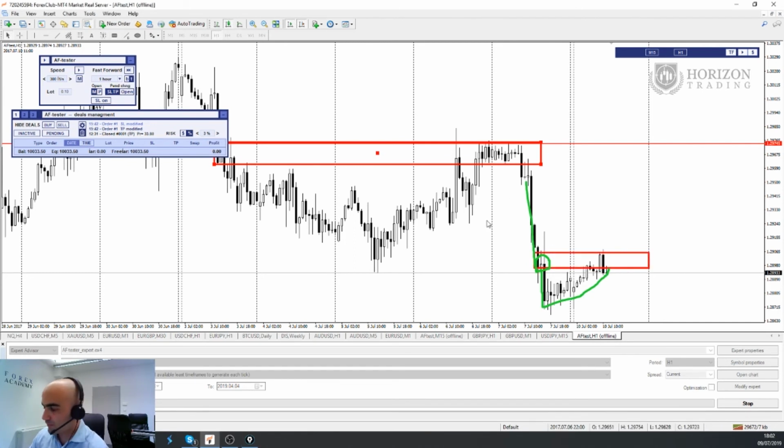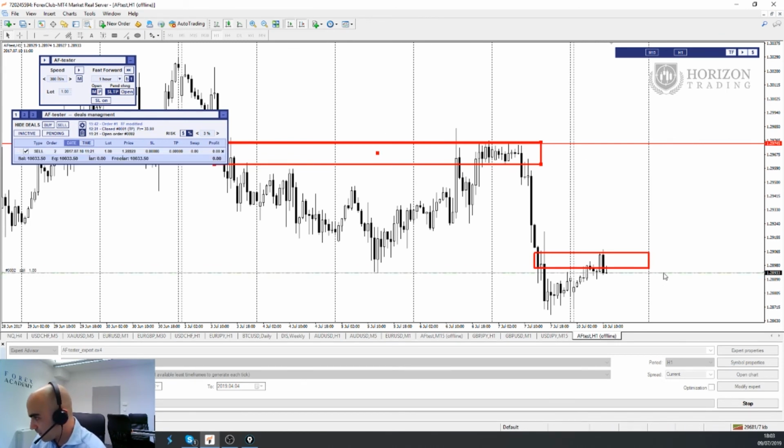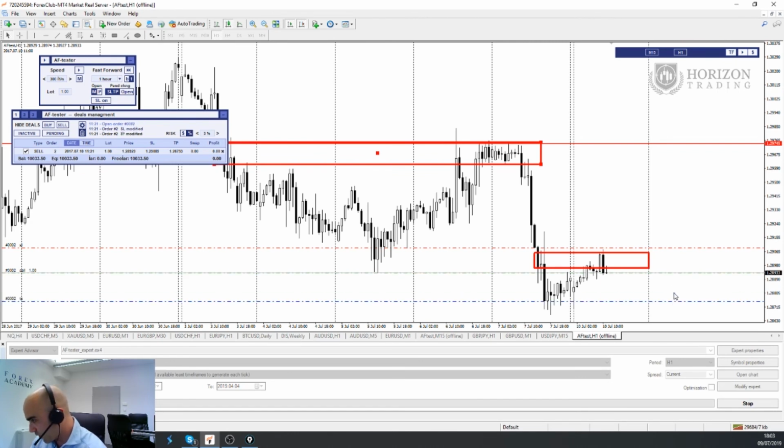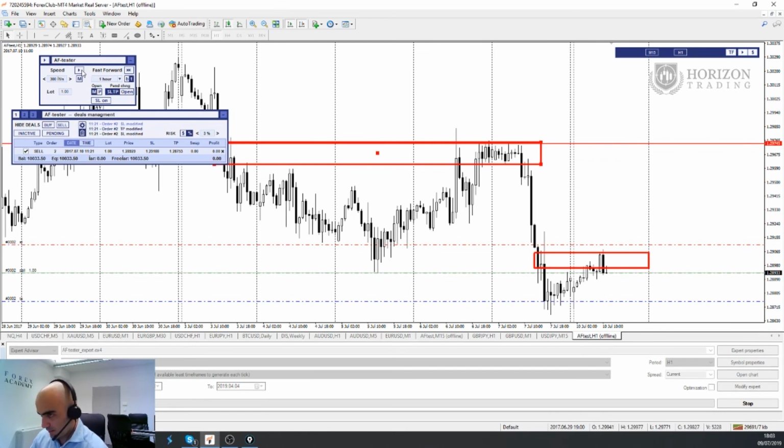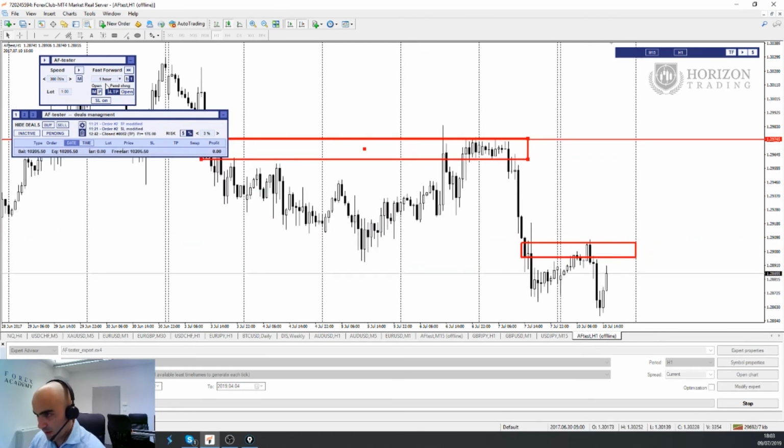Possibly I want to open again a short position. I will pull the trigger, putting the stop loss on top of the consolidation, 1 to 1. Again, easy $200 approximately.